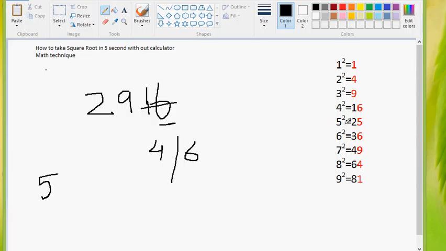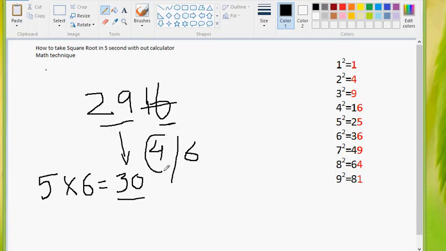When you choose the 5, you multiply it by the next number. 5 times 6 is 30. Now you have to check both these numbers. 29 is less than 30, so less than means the small number you have to select.